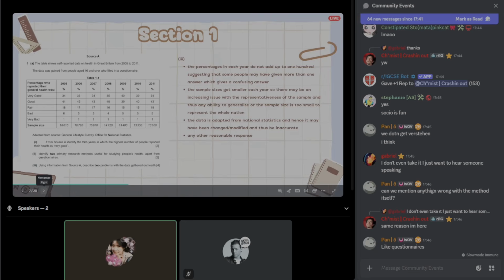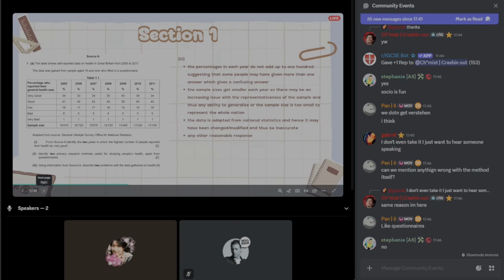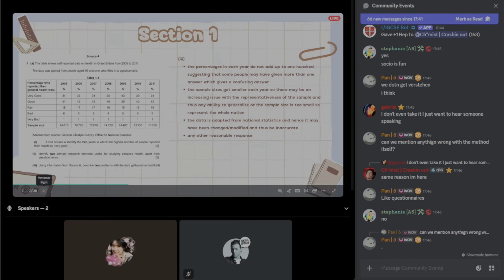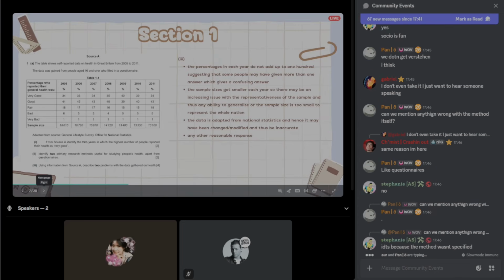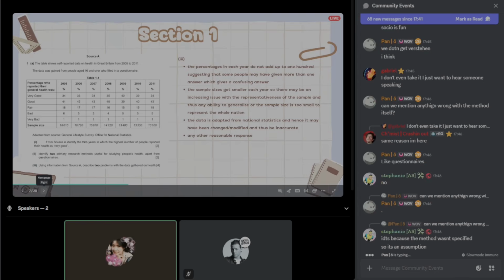So any questions regarding 1A? No? Can we mention anything wrong with the method itself? No, because it's about the data, not the method.